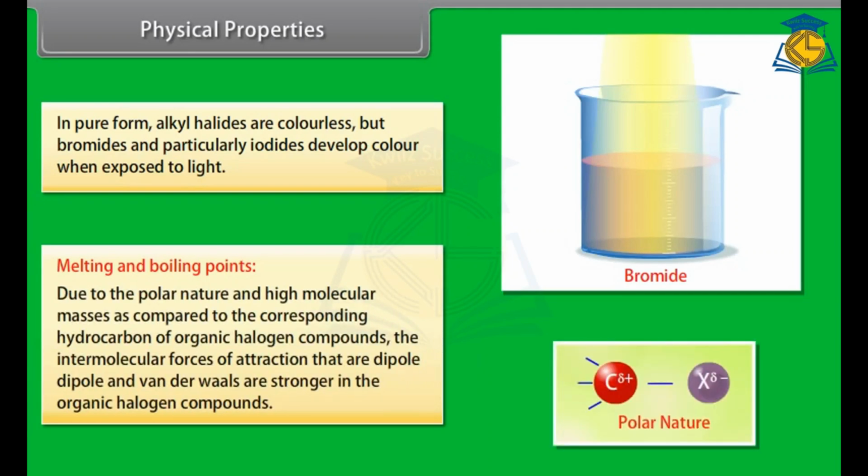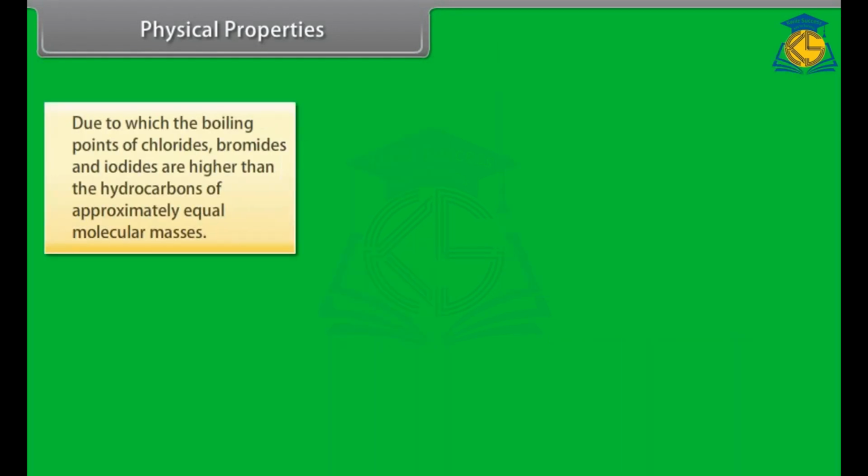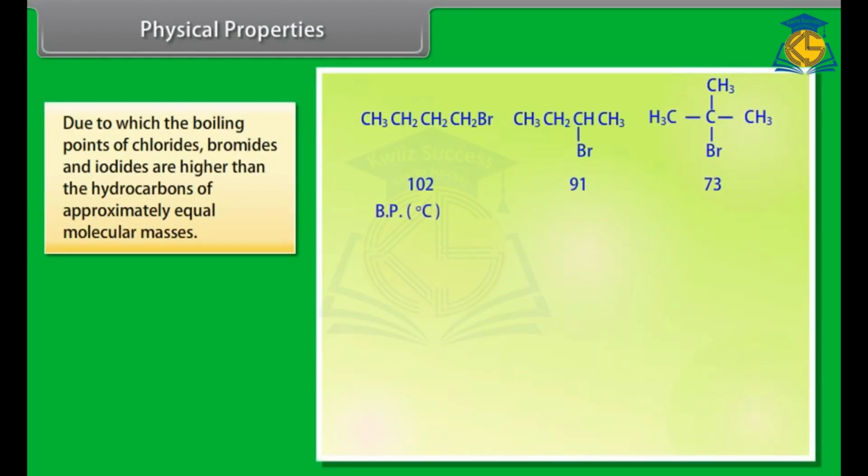Due to the polar nature and high molecular masses of organic halogen compounds as compared to the corresponding hydrocarbons, the intermolecular forces of attraction, that is dipole-dipole and van der Waals, are stronger in the organic halogen compounds, due to which the boiling points of chlorides, bromides and iodides are higher than the hydrocarbons of approximately equal molecular mass.